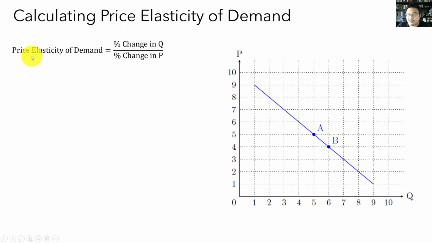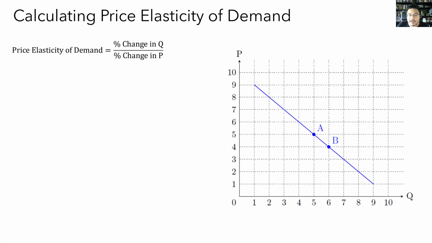Price elasticity of demand is equal to the percent change in quantity demanded divided by the percent change in price. So we're first going to calculate the percent change in quantity demanded between point A and point B. Then we're going to calculate the percent change in price between point A and point B. And then we're going to divide those two numbers to give us the price elasticity.